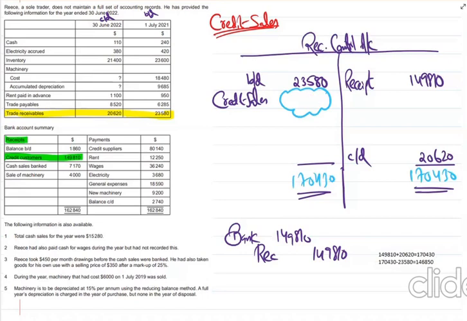Is it coming 146850? Correct or wrong? Yeah. So we scored 2 marks.